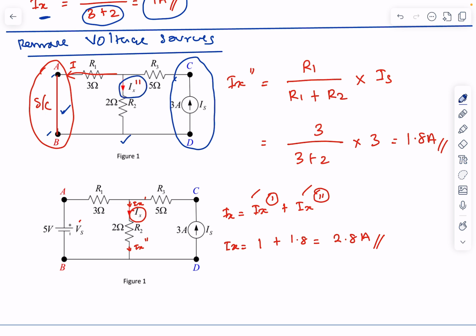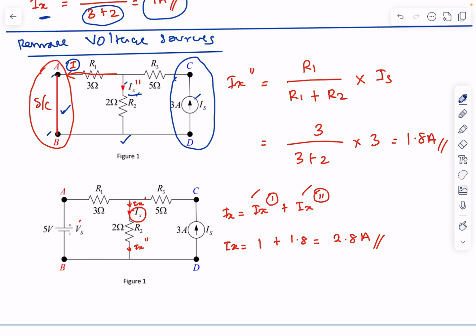It doesn't matter what approach you use, as long as you understand how to get this Ix. In my point of view, the current source and the current Ix are in parallel with the current I here, so it is much easier to use the current divider rule.